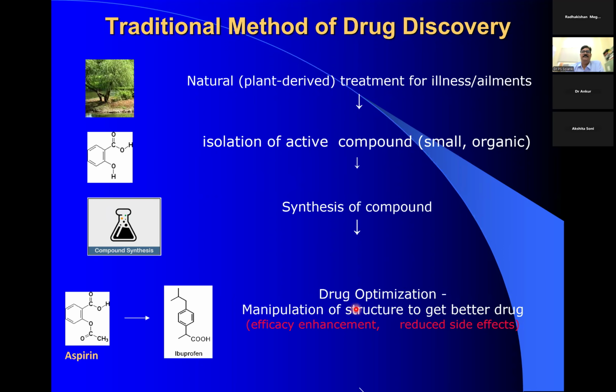And finally, recognizing that the naturally occurring molecules might not be the most potent or safe, chemists would move to the optimization of that molecule and manipulate the structure to get a better drug.